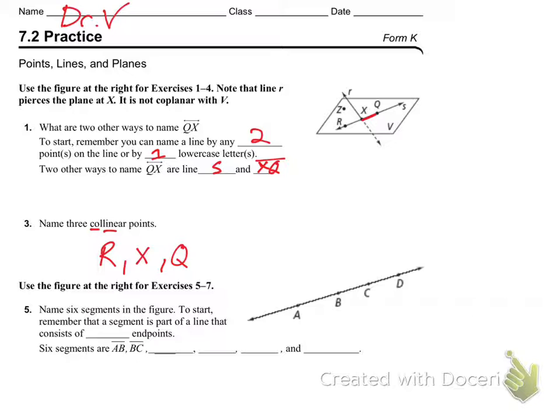Number 5, name 6 segments in the figure. To start, remember that a segment is a part of a line that consists of 2 endpoints. So we have A to B, right?